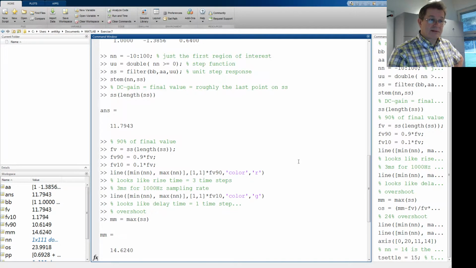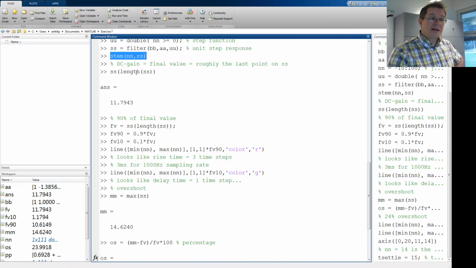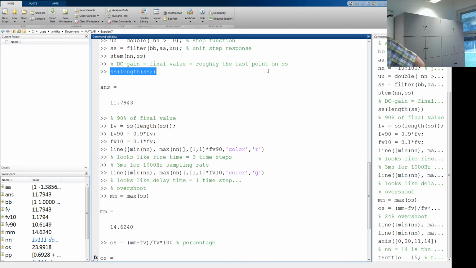Well, first of all it was the same system, but you have a different system. Then basically calculate the unit step response, stem plot it, and start looking for different values. Roughly the last point of SS, meaning that you must actually observe that the signal has settled enough.